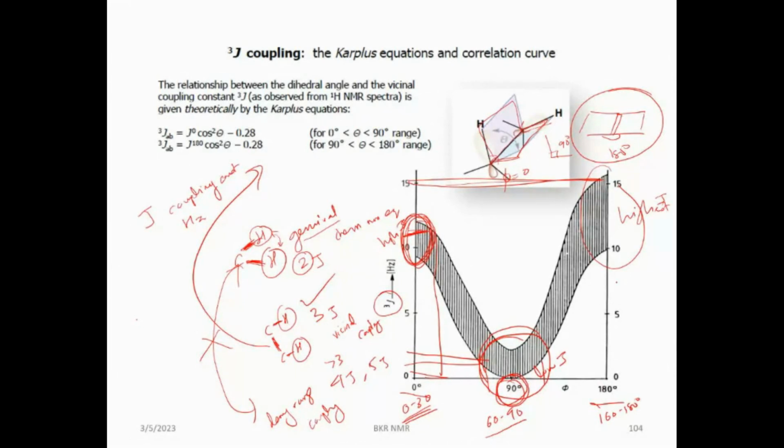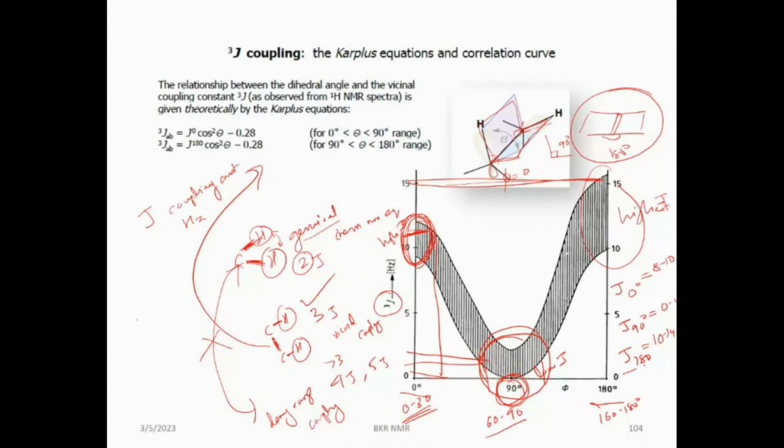So the J value at 0 degrees is around 8 to 10. At around 90 degrees, it will be around 0; the coupling constant will be 0, or you can take it as 0 to 1. At 180 degrees, the coupling constant values will be around 10 to 14.